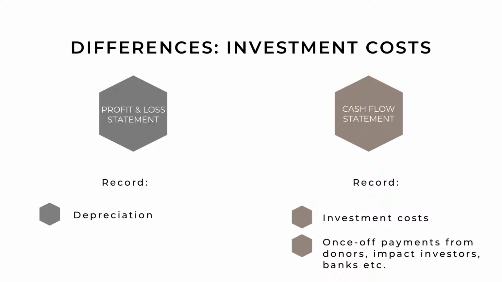So, for example, from donors, impact investors, banks, or other financing partners. But in the cash flow statement, of course, you do record this because all the money that comes into your bank account or leaves your bank account has to be recorded in the cash flow statement.